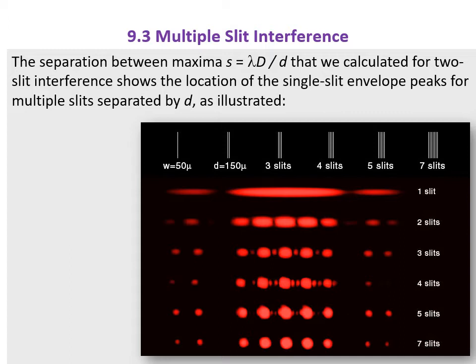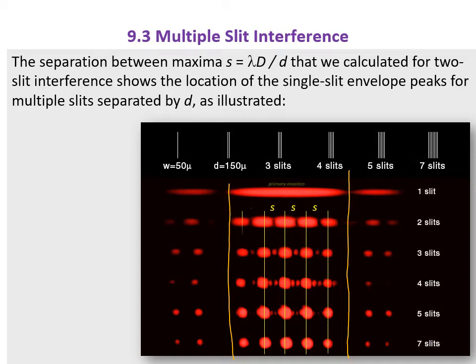You can see that as you increase the number of slits, you still have this central area for all of these interference patterns that has pretty much the same width as a single slit interference pattern. The fringe spacing between the primary maxima is the same. The primary maxima are the largest intensity peaks on the screen. So these are all the primary maxima.